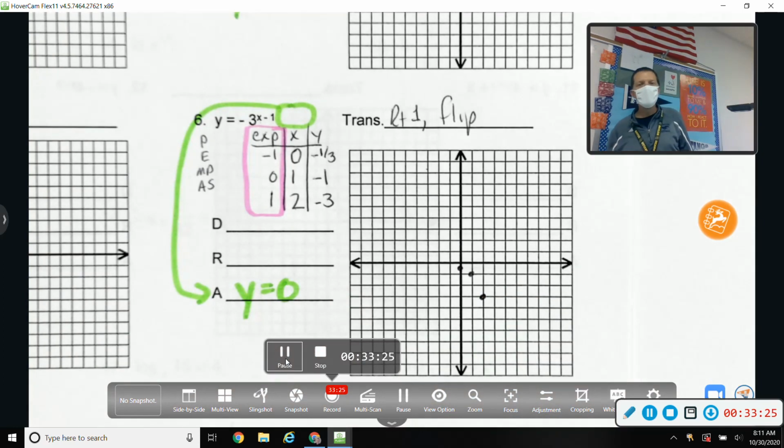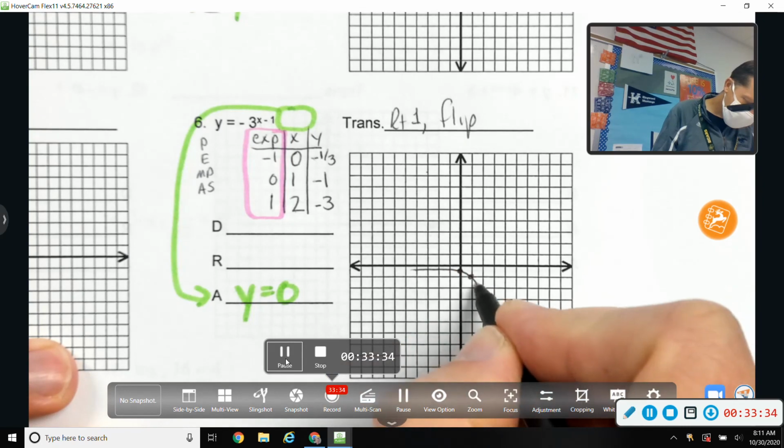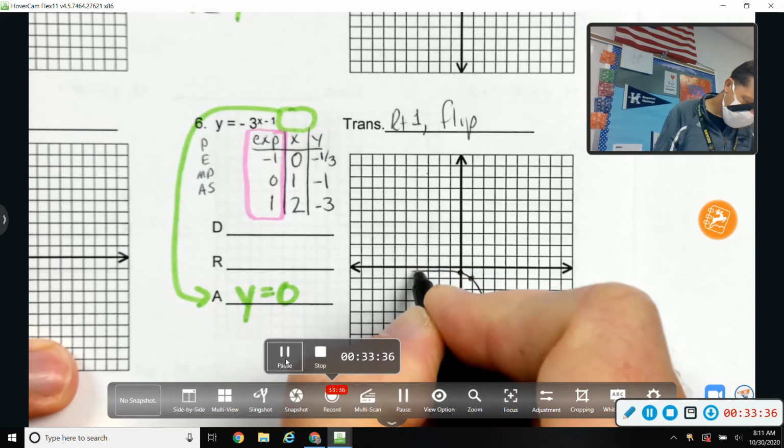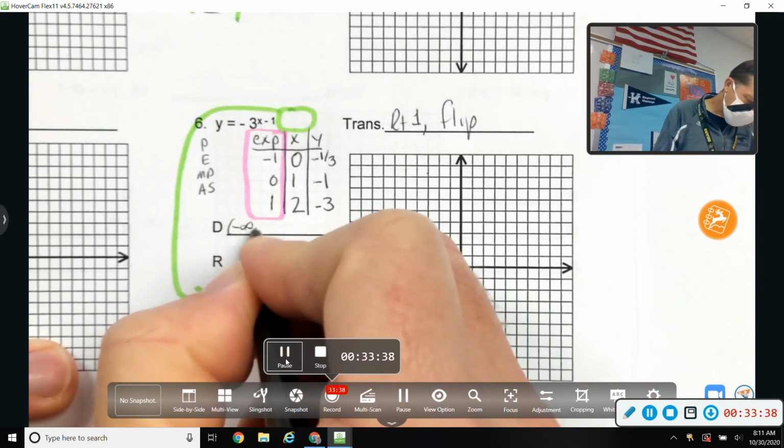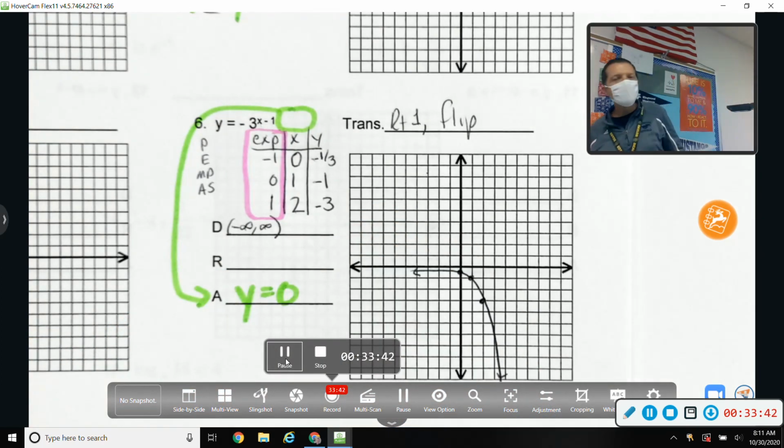So this looks different than the others, but that was expected. We said it flipped. Domain's still the same. Range. What's the range? In the correct order, what's the range? From what to what?